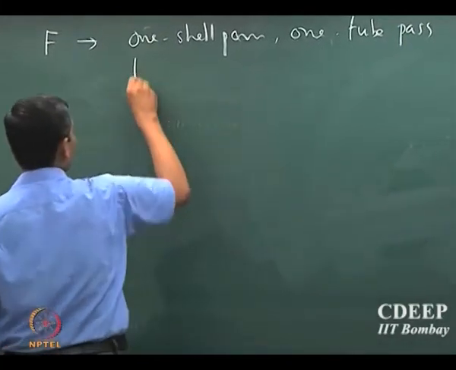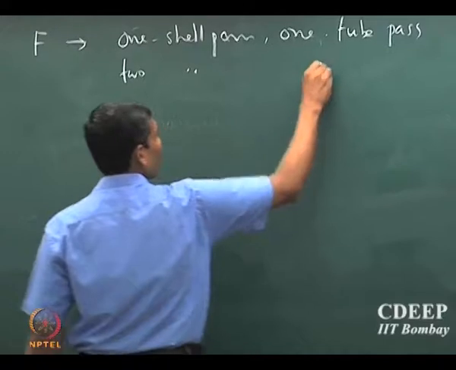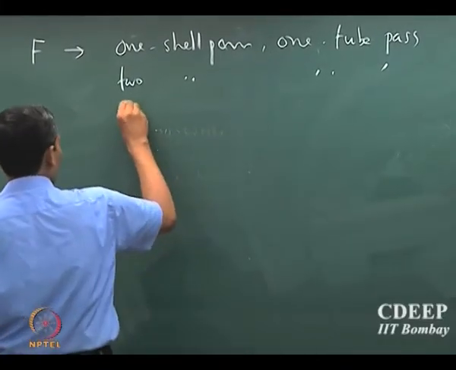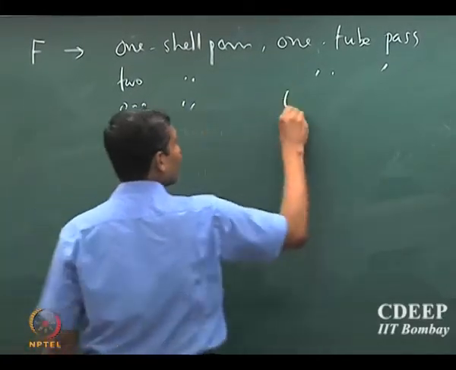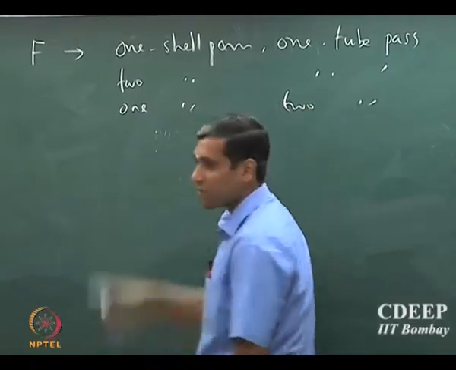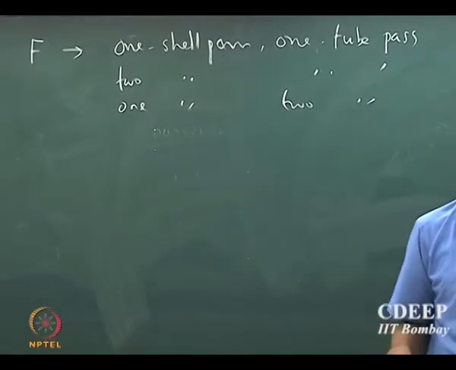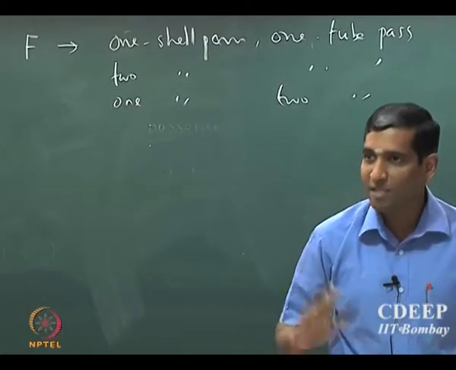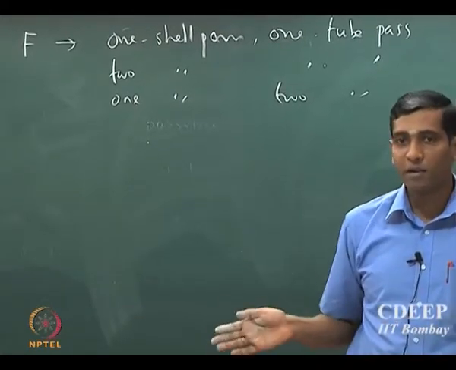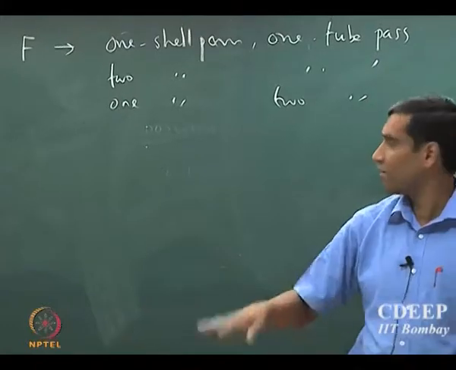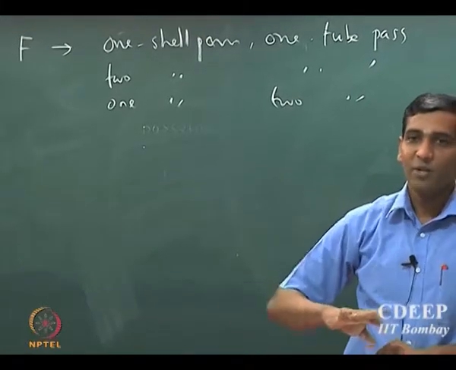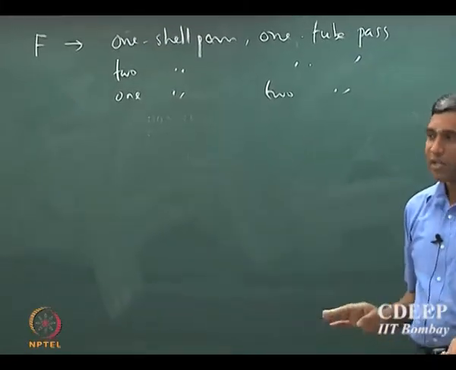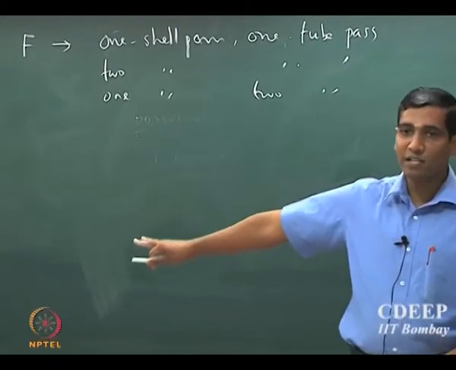It is available for 2 shell passes, 1 tube pass. It is available for 1 shell pass, 2 tube passes. So all kinds of configurations for which this fraction F is available have been worked out, and nice tabular forms and graphs exist. So it is very easy to find these numbers, and it is routinely used in industrial settings.